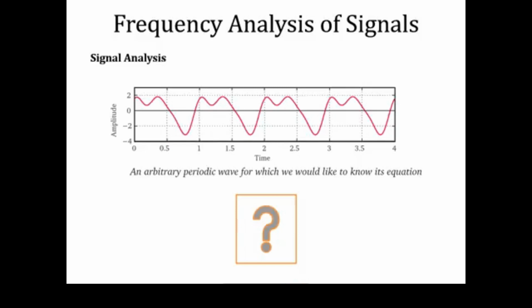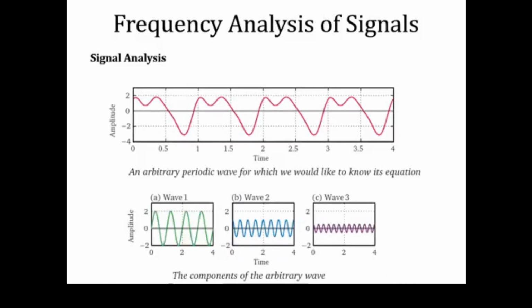So let's assume we analyze our signal through a tool which tells us our signal contains three sinusoidal components of 1 Hz, 2 Hz, and 3 Hz, and the corresponding amplitude values are 2, 1, and half respectively.